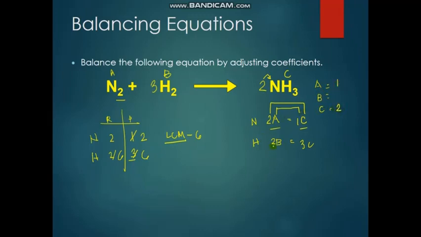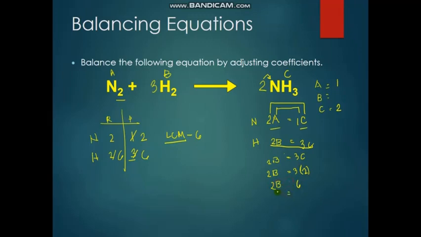Then let's solve for B using this equation. 2B is equal to 3C. Since C is equal to 2, this will become 2B is equal to 3 times 2. So 3 times 2, it will become 6, 2B. What are we going to do?